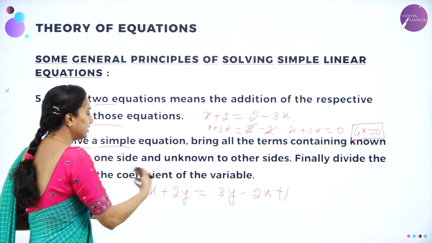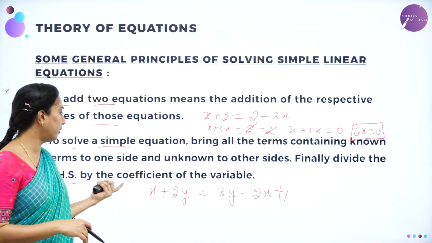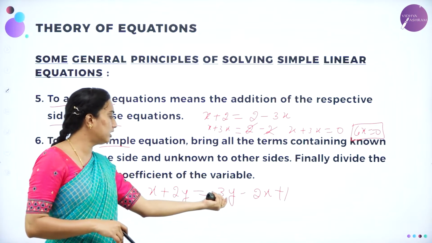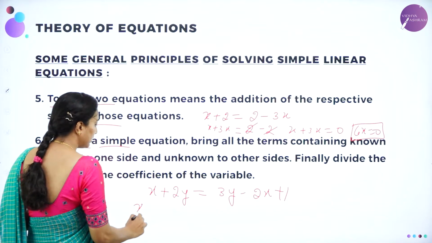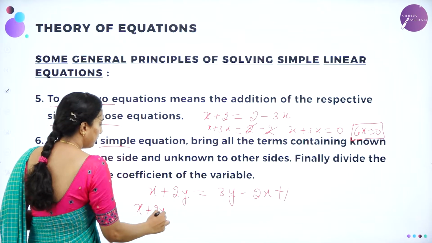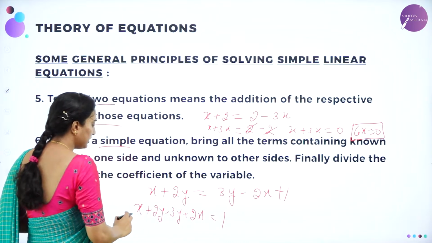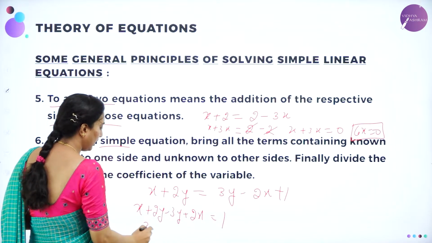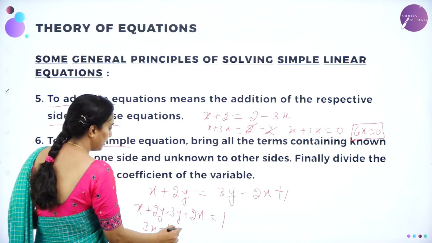So bringing all the terms of y and x to one side and dividing throughout by the coefficient. If you bring all the terms, x plus 2y minus 3y plus 2x is equal to 1. Otherwise, x plus 2x is 3x plus 2y minus 3y is nothing but minus y is equal to 1.